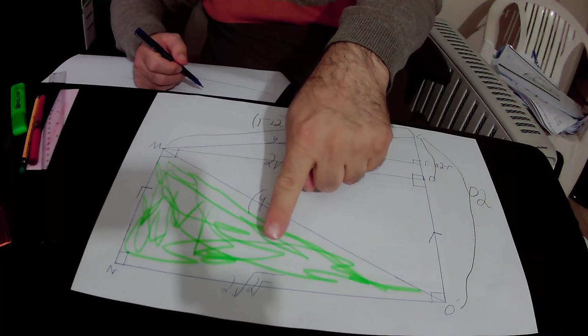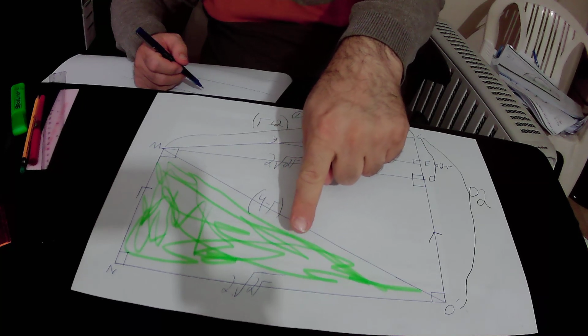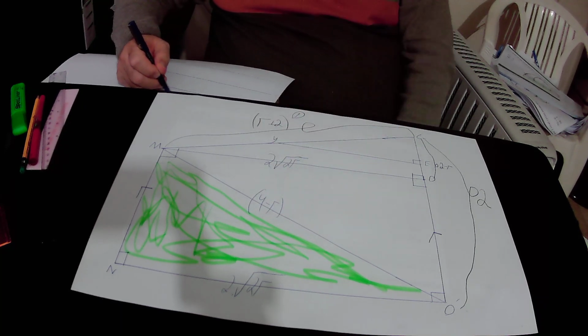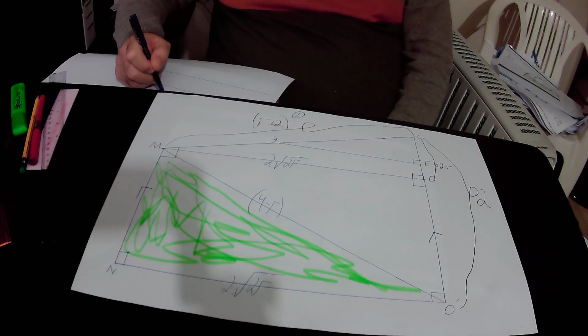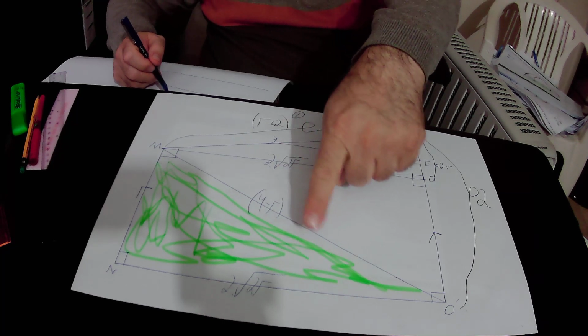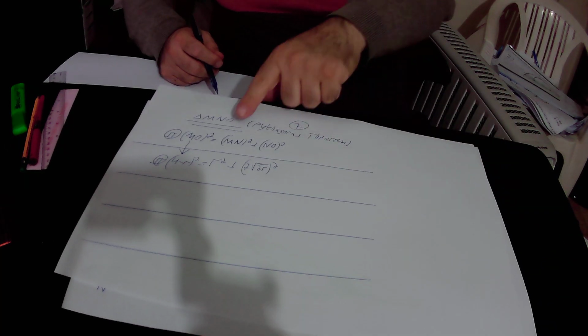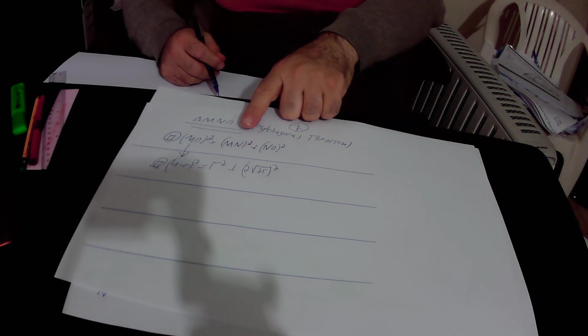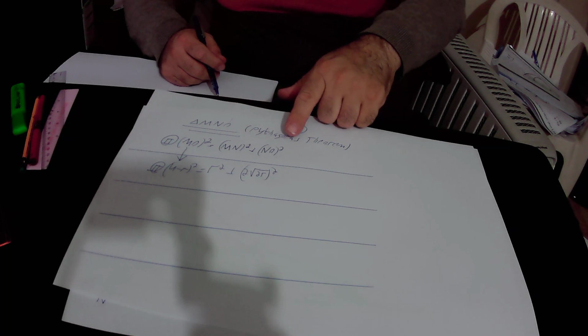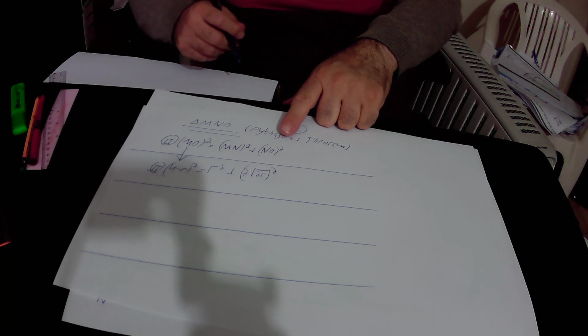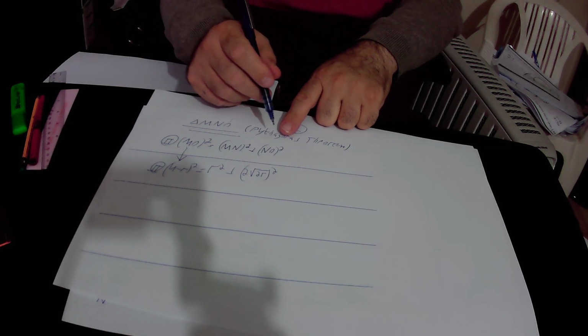We have already found out that NO equals 2 times square root of 2R, and NO square will be equal to 2 times square root of 2R square. So in total, we found out that 4 minus R square equals MN square, which is R square, plus NO square, which is 2 times square root of 2R square.